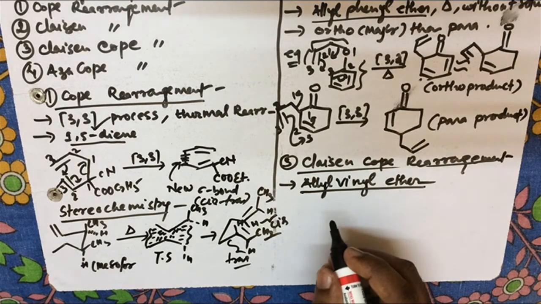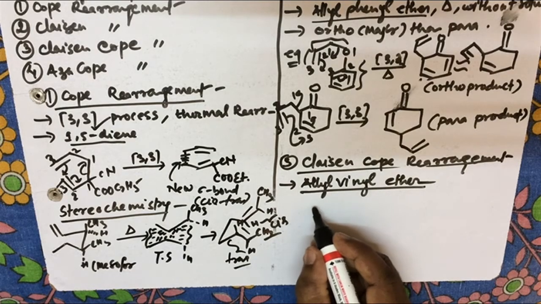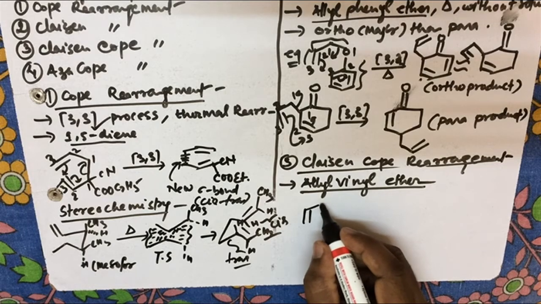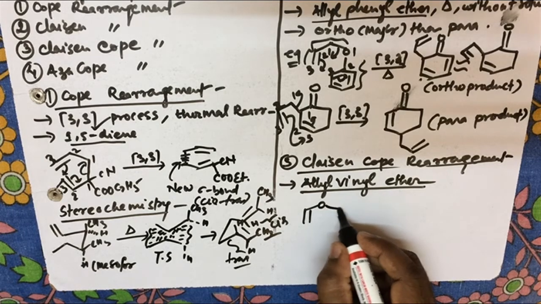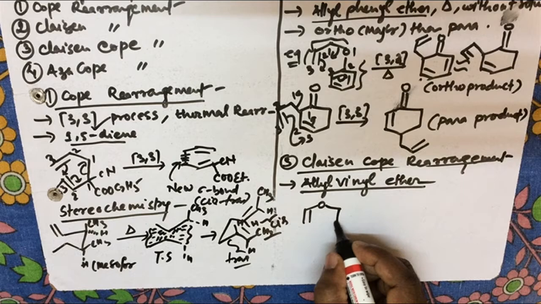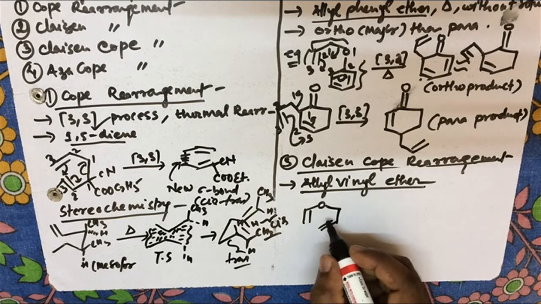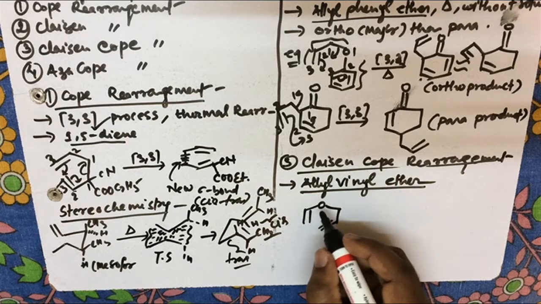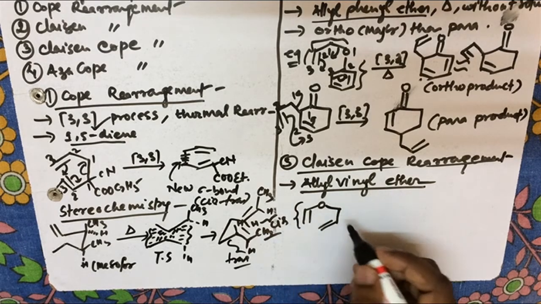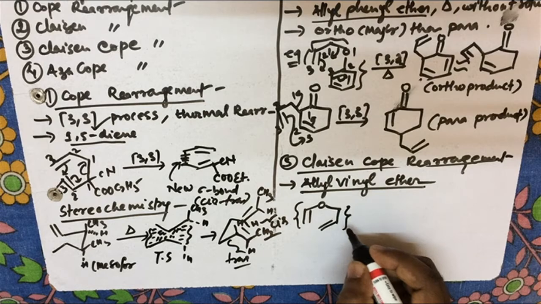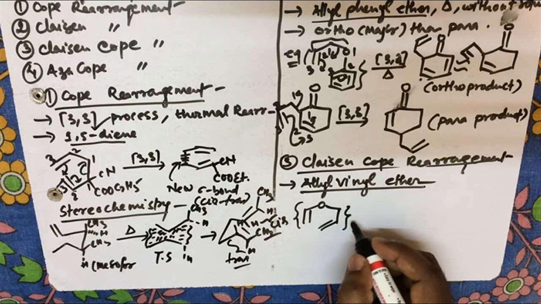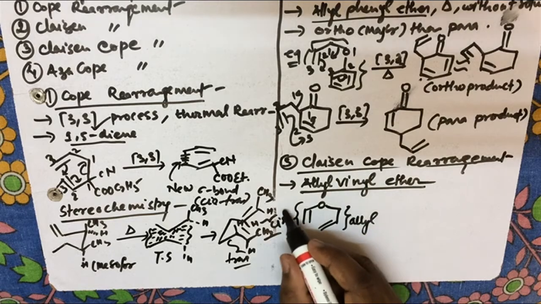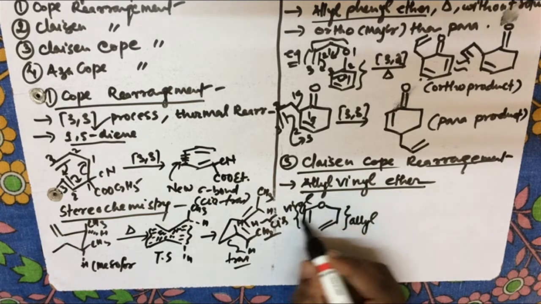So if you see examples, because in organic chemistry without examples you will not understand what the actual statement is saying. So if you see, this is the allyl group, 3 carbon, and this is the vinyl group, 2 carbon.